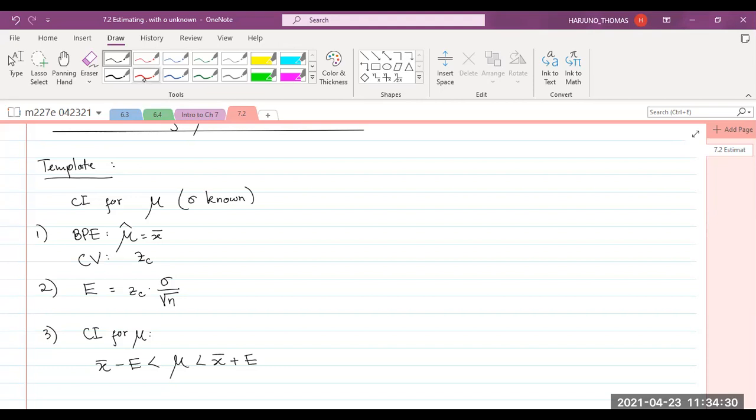Now, what happens if we want to construct a confidence interval for mu if sigma is unknown?